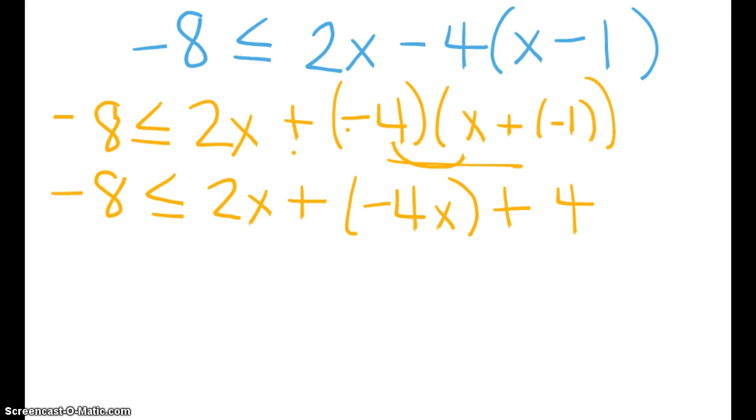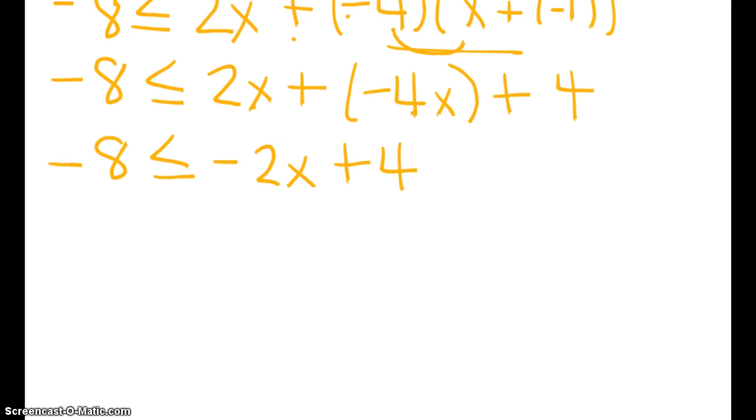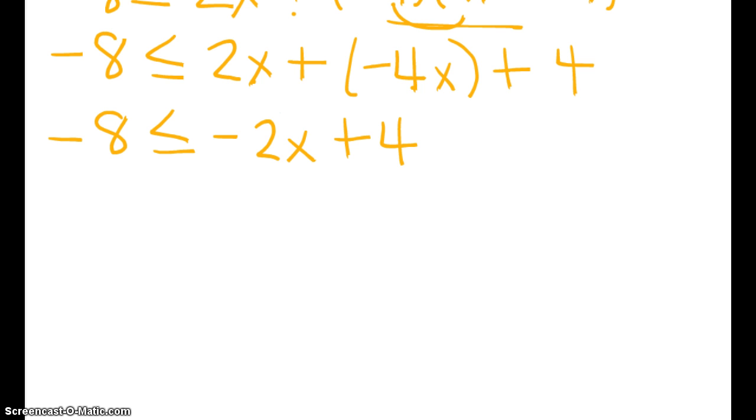Okay, now I need to combine my like terms, so I have negative 8 less than or equal to 2x and negative 4x is negative 2x plus 4. Now I need to isolate my variable, so I'm going to subtract 4 from both sides. 8 negatives and 4 negatives is 12 negatives less than or equal to negative 2x.